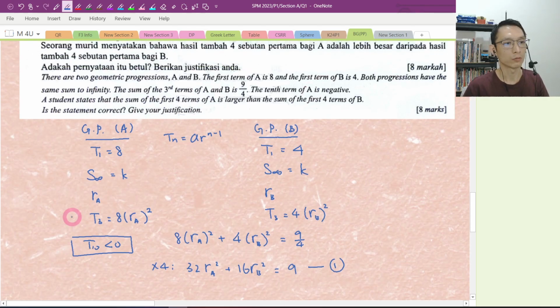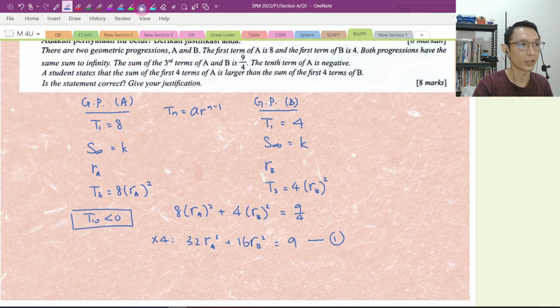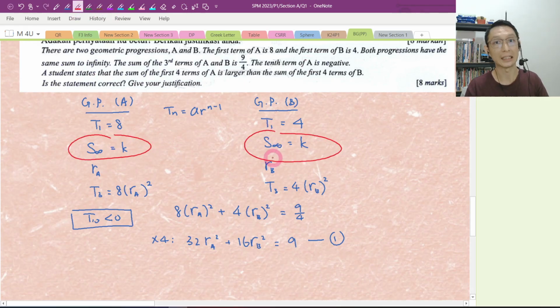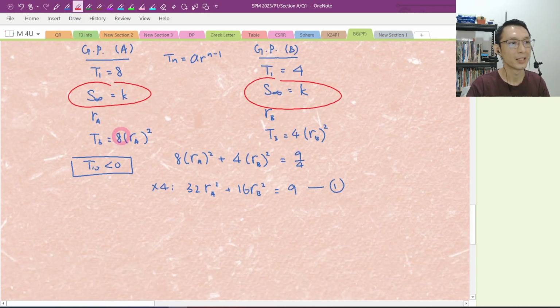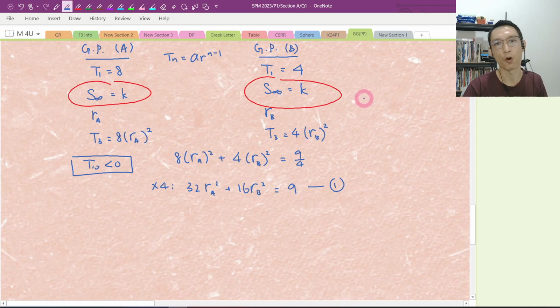Now you can just assume that this is X, this is Y. So now we have two unknowns. How do we get the values of these two unknowns? We need another equation, right? Still remember, just now the question told us that their sum to infinity are the same. What is the formula for sum to infinity?